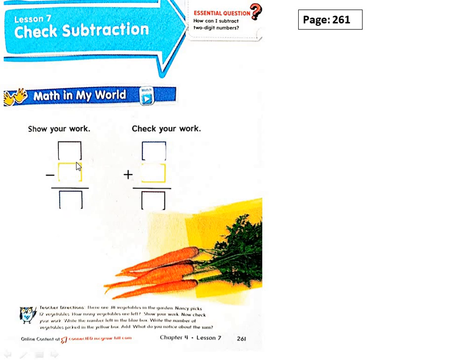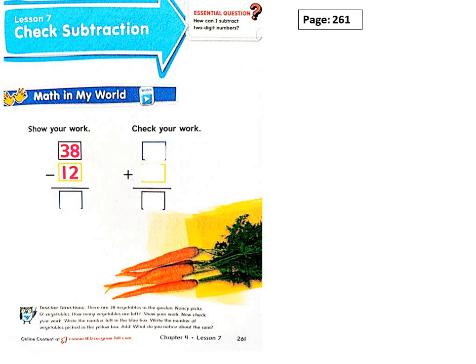So let's write the subtraction sentence for these vegetables in these blanks. Here we are. So 38 minus 12 equals, what do you think, grade 2? How can we find the difference? Of course, we have to start subtracting with ones. So 8 minus 2 equals 6.